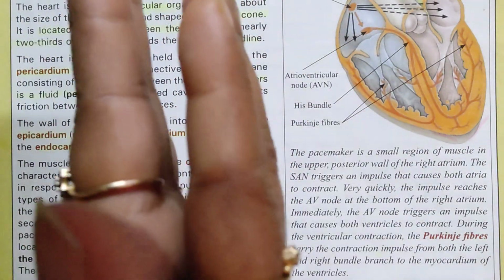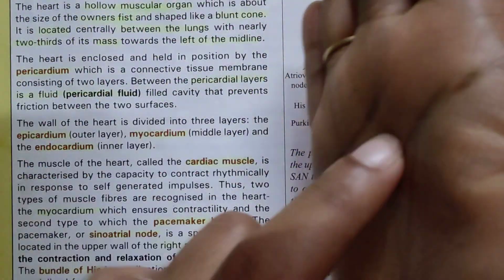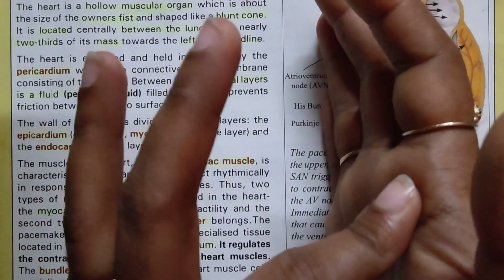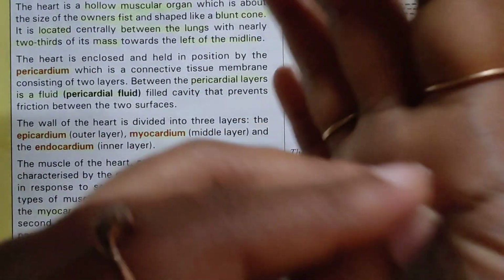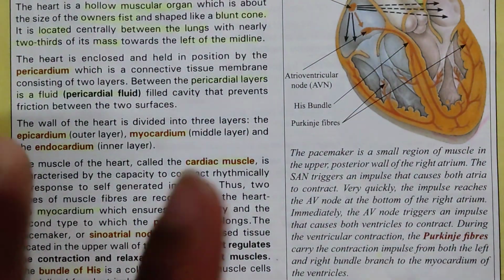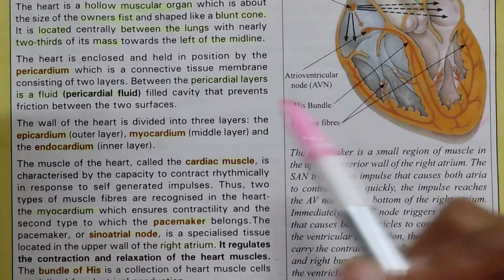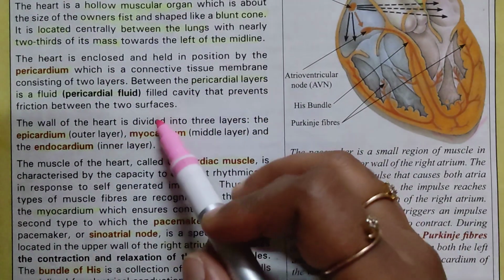But suppose the two layers were directly like this; if there would be gliding, these two layers would have worn out. There would have been tears and worn out places. So that's why there is fluid between any two layers of your body. Got it? So here there is the pericardium, there are pericardial layers, and there is pericardial fluid.